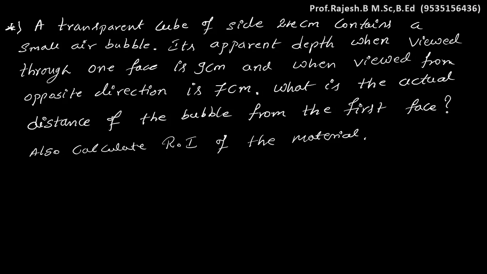Okay. What is given? The material is a transparent cube. So first, let's convert the problem into a picture. Then half of our problem will be solved. See, here is a cube structure.